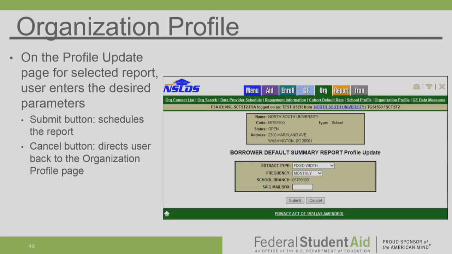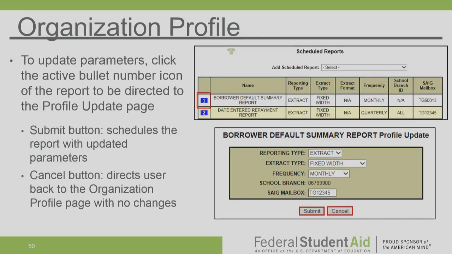So you do have the option of selecting which TG number it should go to. You hit submit, and then we're going to add it right there to the report profile. Of course, you also have the option not to add a report, but to adjust any of your selections. If you want to adjust any selection, you just click on the number to the left of the report, and then you can edit your preferences on that scheduled report.